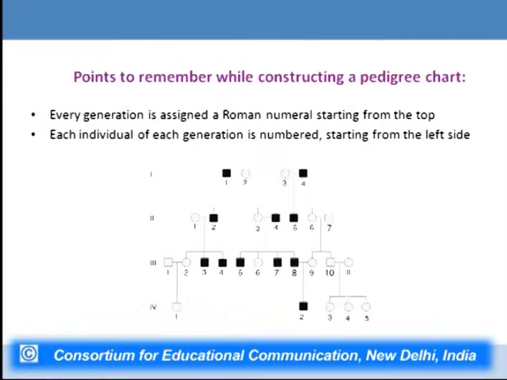The partner of that male is numbered 2, and right to that is a female who would be numbered 3, who is married to a male numbered 4. So, we would be numbering all the individuals in each generation for carrying out this particular pedigree analysis. This gives us ease of finding out which individual is having which particular genotype.